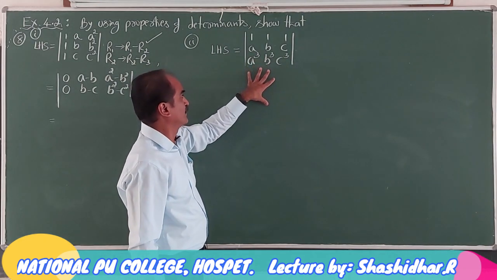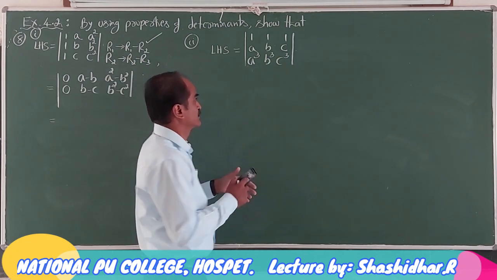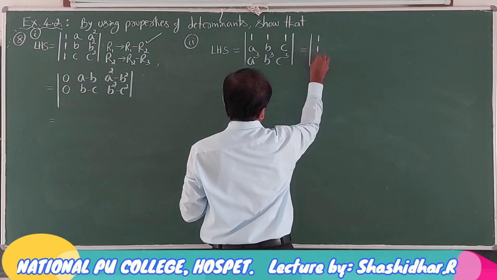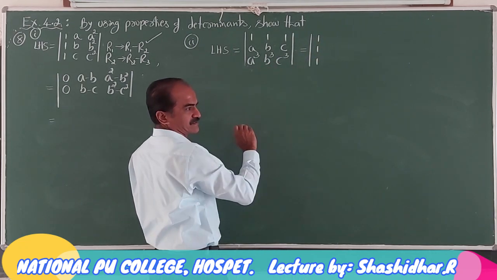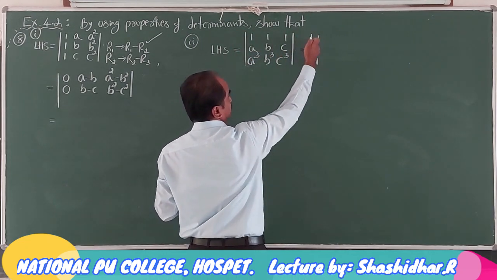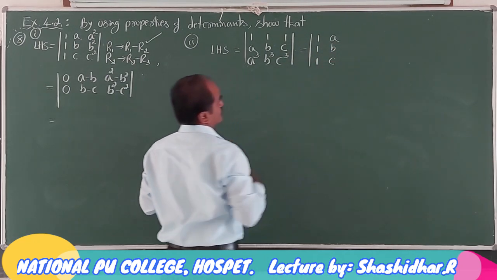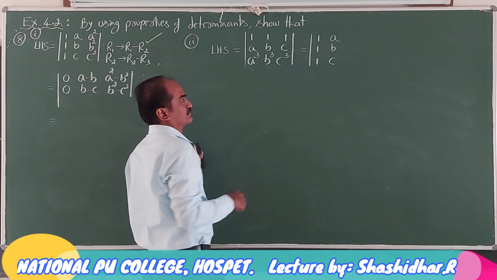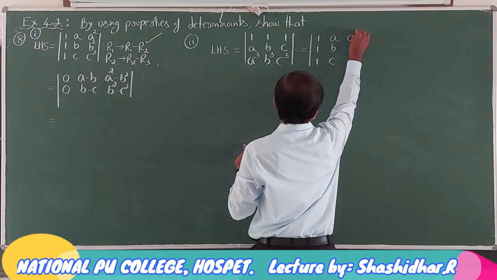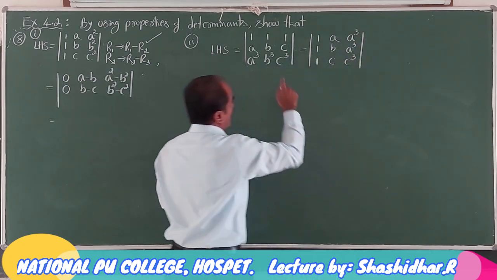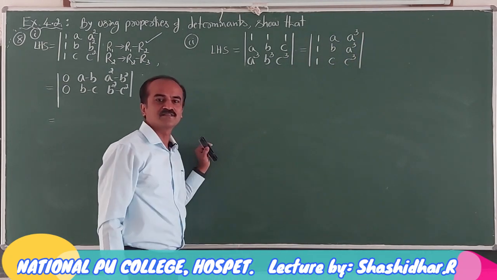If you are not comfortable with this, what you can do is write this determinant as the same determinant with first row elements in the first column, second row elements in the second column, third row elements in the third column. How come these two determinant values are the same?